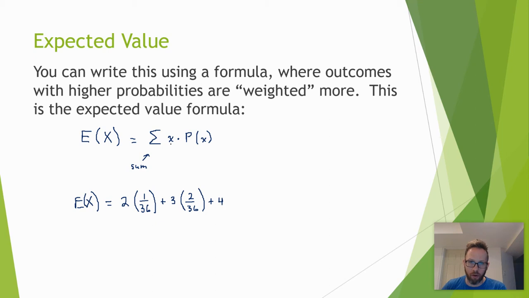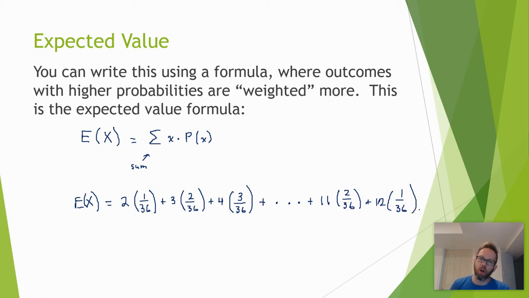Our next outcome was 4, and that probability, 3 out of 36. We're multiplying outcome times probability, and that sigma just means sum. So we're adding all these products up, and I don't need to write all of them down. A total of 11 had a chance of happening of 2 out of 36, and 12, 1 out of 36.